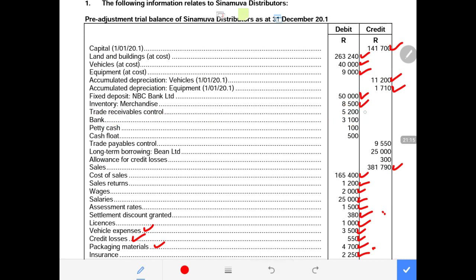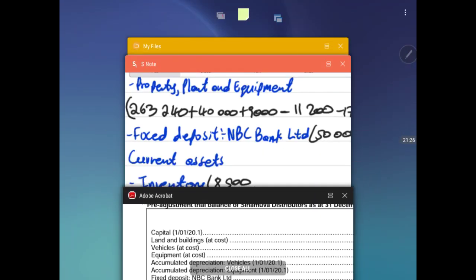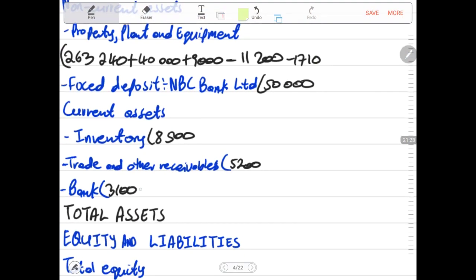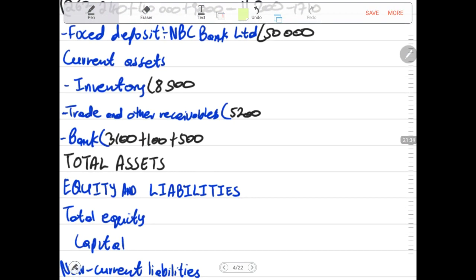This is recorded. Remember, all these are our cash in the bank. 100 and 500. Then we say plus 100, plus 500. Now remember, you are busy getting all these marks as you are recording in this manner.